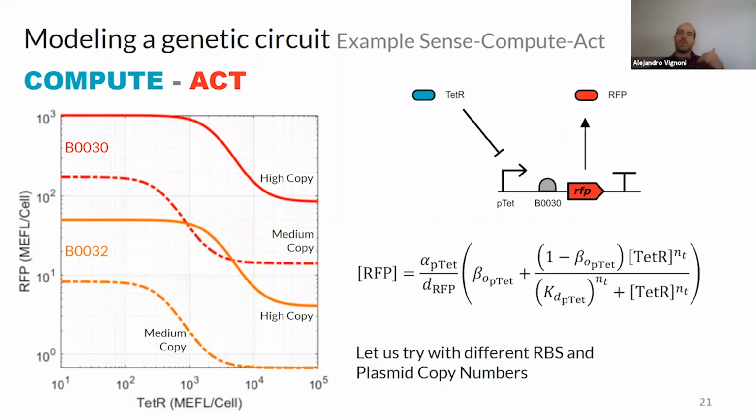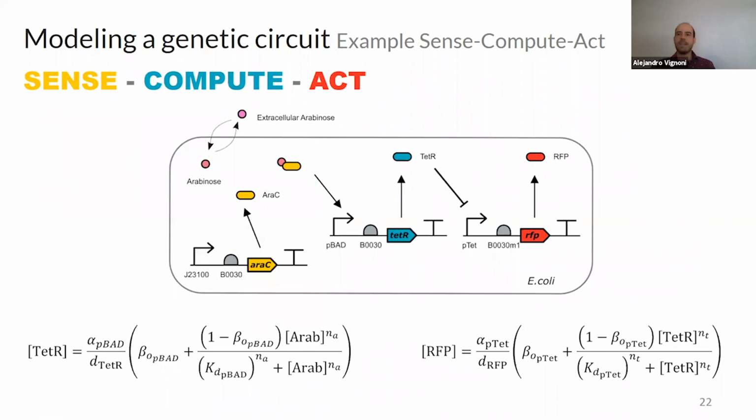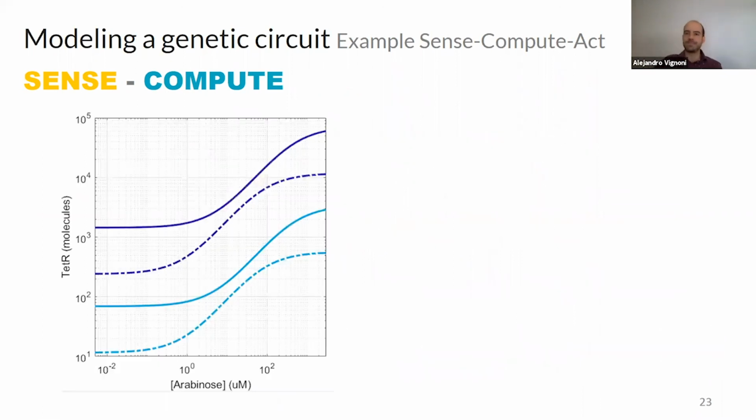Okay. So now let's put it together and make the model of our sense compute act device. If we put them together, basically what we have is simultaneously the two equations that we had before. And so let's make an exercise that will try to answer the question that we had at the beginning, if I want to have a weaker RBS.